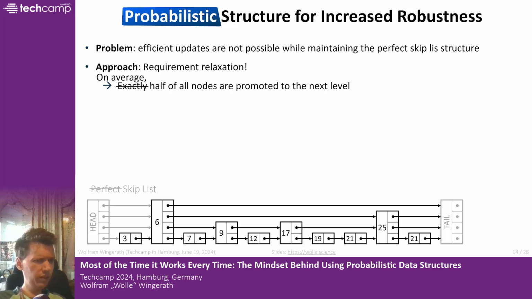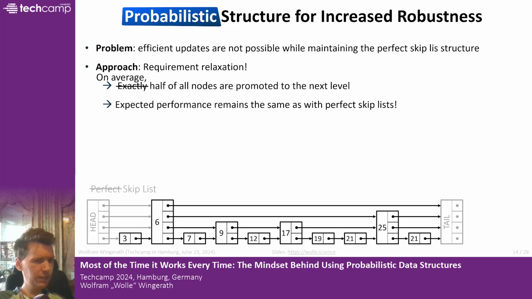So we just build our skip list, and I'll explain in a minute how we do that in such a way that most of the time the structure is kind of optimal, but sometimes it's really bad. Could happen. But by accepting this, we can insert nodes even if they violate the perfect idea of the skip list. And expected performance will still be the same, but sometimes we can get bad performance if we're really unlucky.